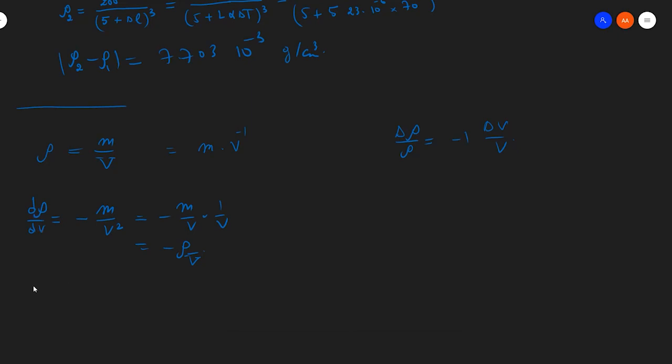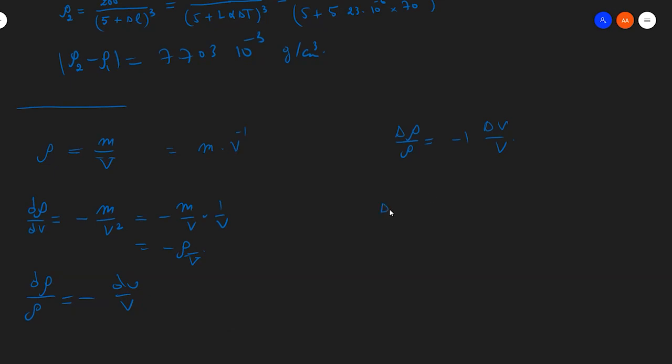So you can write d rho over rho is equal to minus dv over v. You get the same result by derivative or using the rule you have seen in the lab.